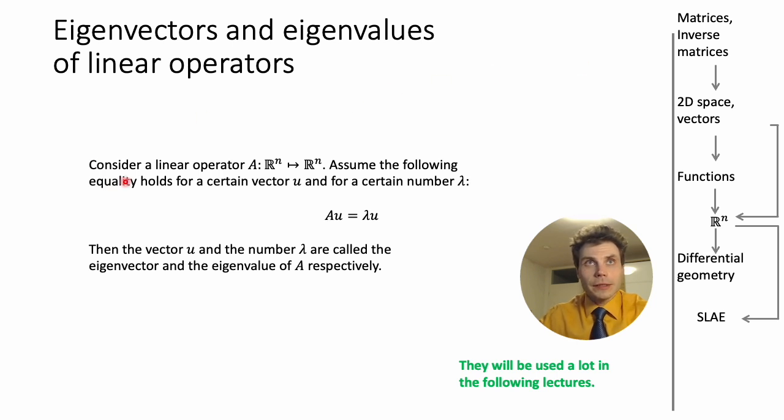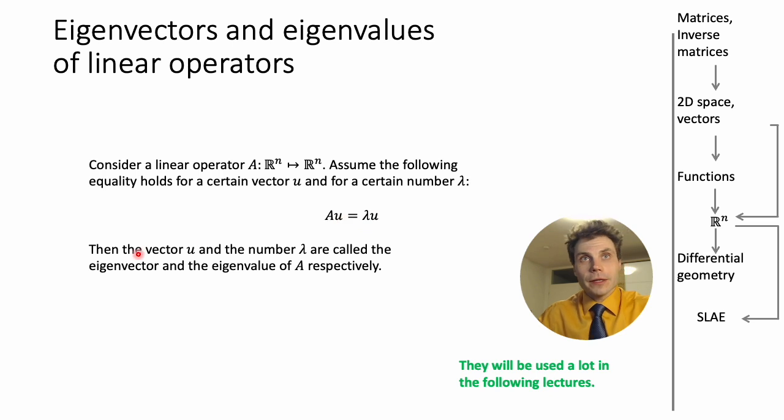Formally speaking, consider a linear operator A that maps R^n to R^n, and assume the following equality holds for a certain vector u and a certain number lambda. Matrix A times the vector u equals just the same vector u stretched lambda-fold.